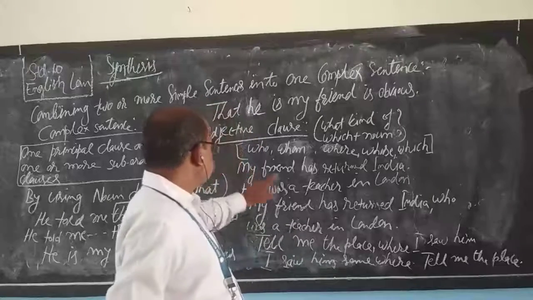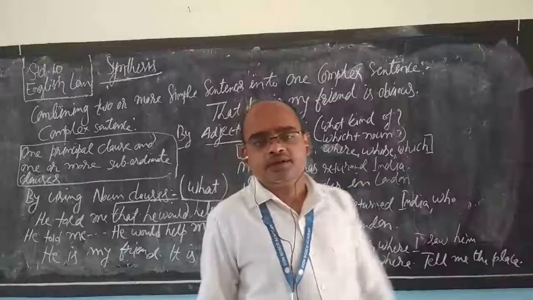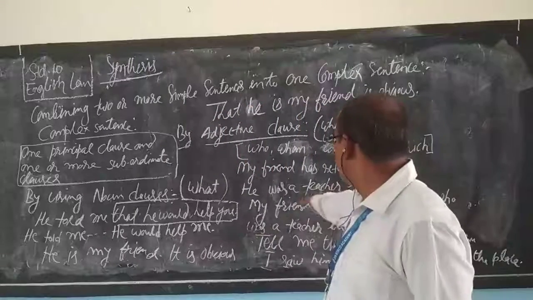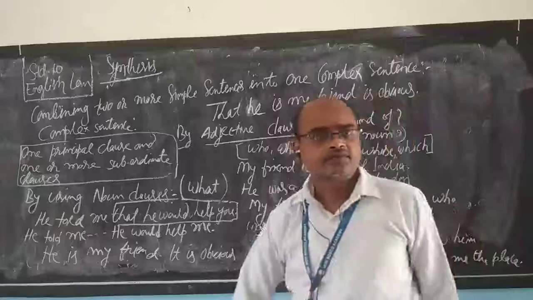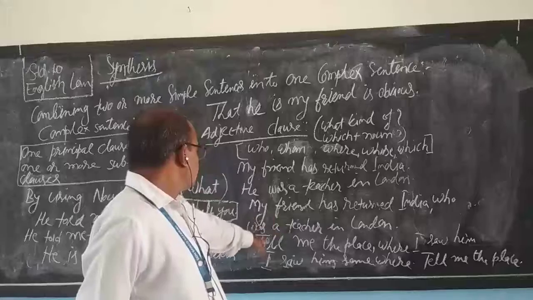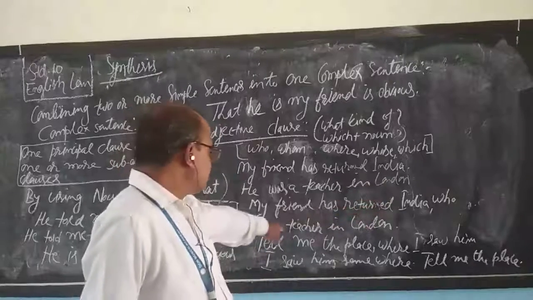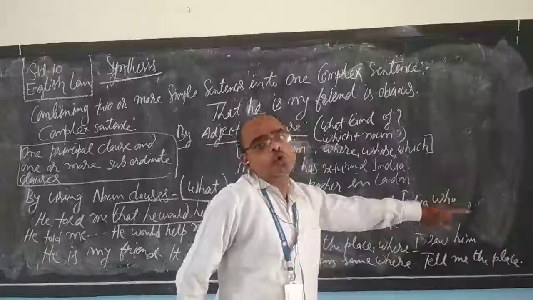So let's take a sentence. My friend has returned to India. He was a teacher in London. How will you join this? My friend has returned to India, who was a teacher in London. Here the conjunction is who.